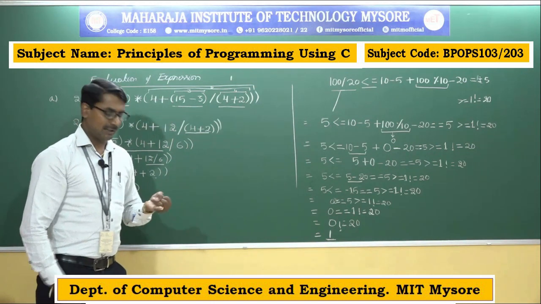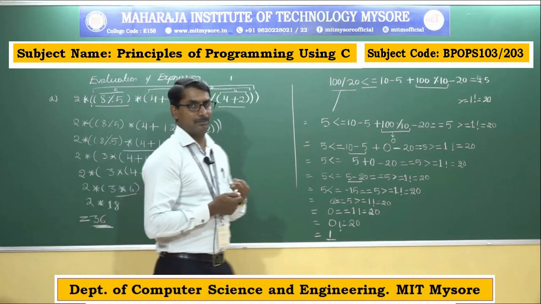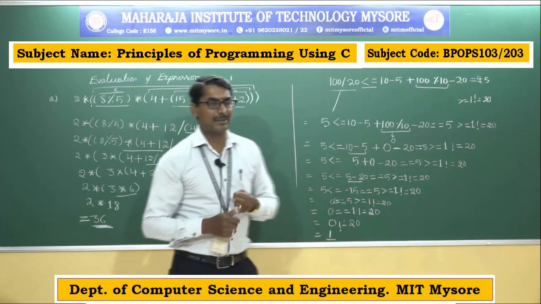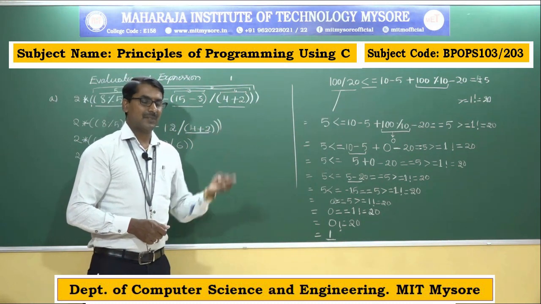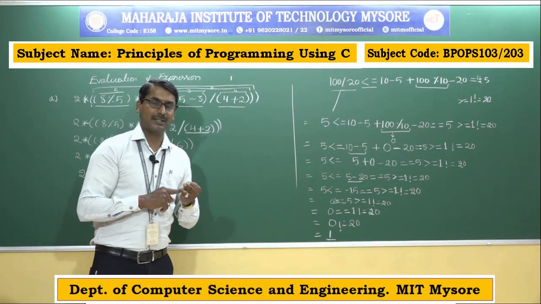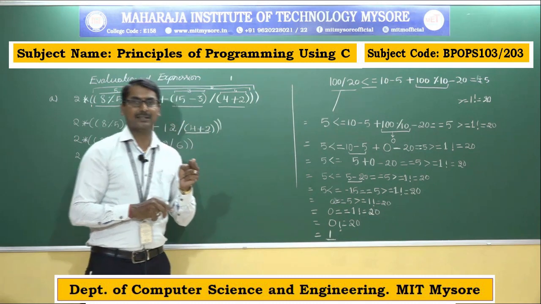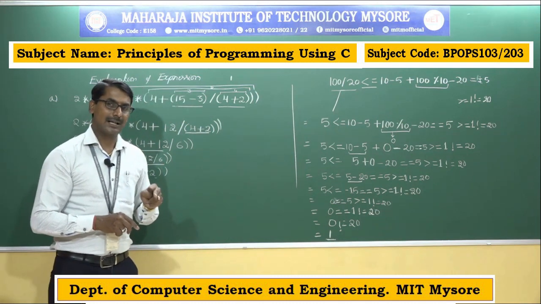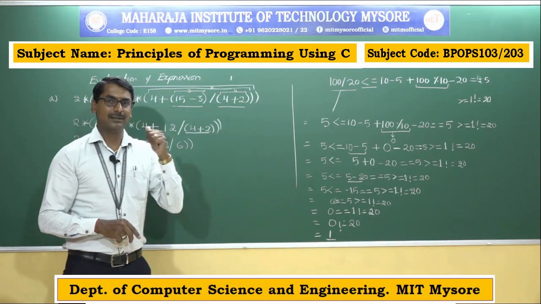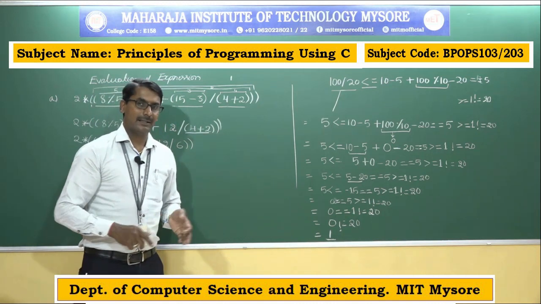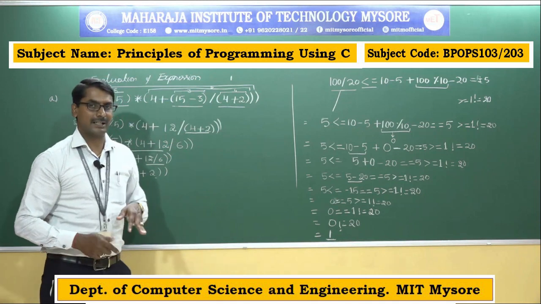In C language, the first preference is for brackets. The next precedence is for unary operators: plus plus, minus minus, complement, star, minus, addition, sizeof. The next priority is for arithmetic operators.